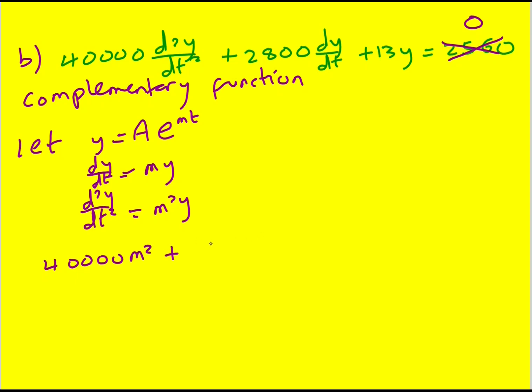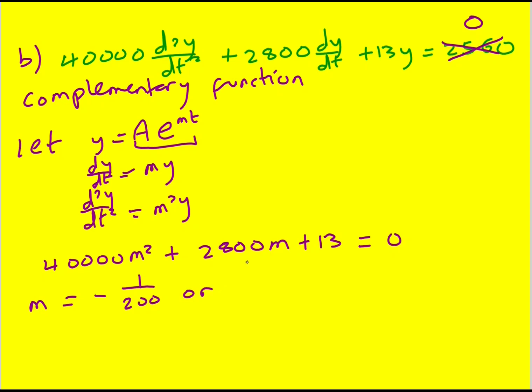We get this, what we call the auxiliary equation, plus 2,800 m plus 13 equal to 0, a quadratic to solve to find m, which we can then put into here.